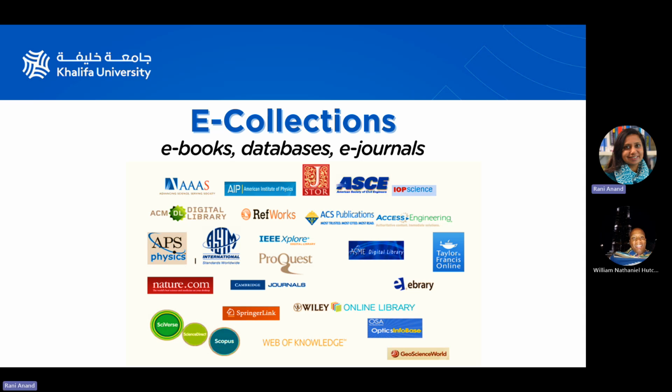As you know, Elsevier, Springer Nature, Wiley, Taylor and Francis, American Physical Society or APS, American Chemical Society or ACS. So many reputed publishers are actively involved in research and publishing activities.